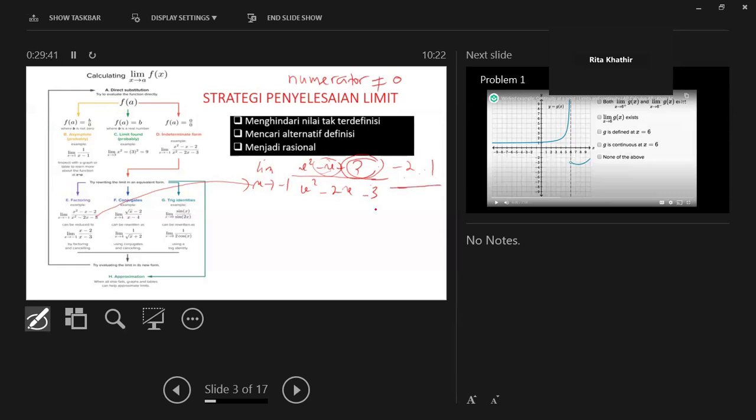And for the denominator, here, you need two real numbers that if you sum them, will be -2, but if you multiply them, would be -3.